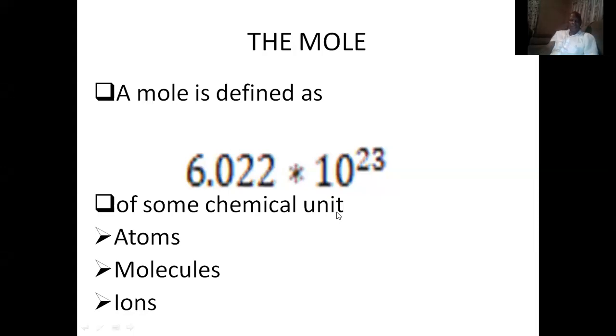Well, as I've indicated, today we're looking at the concept of the mole in chemistry. A mole is defined as the Avogadro number of particles, that is 6.022 multiplied by 10 to the power 23.